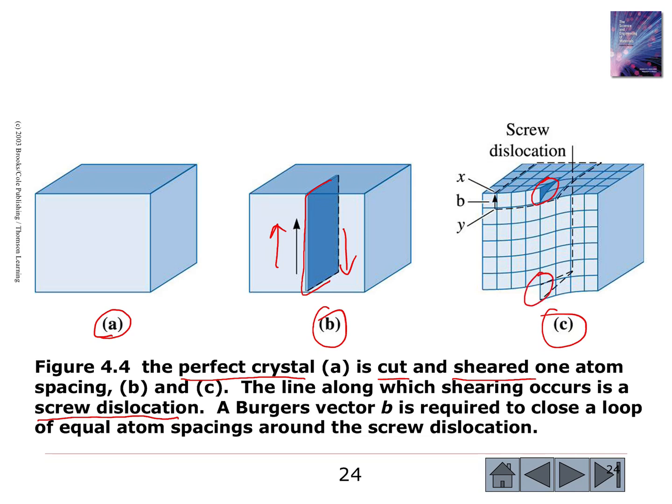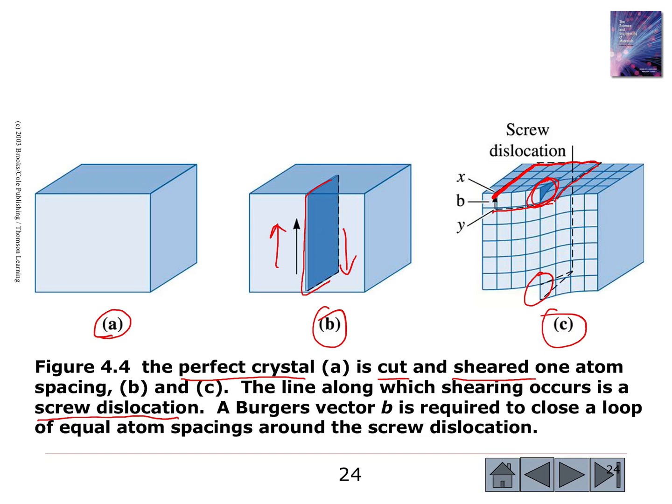And if you try to close this deformation or this ramp in a loop, for example, if we start from here and we go 1, 2, 3, 4 atom spacings in this direction, and then 4 atom spacings in this direction, and then we come back 4 atom spacings in this direction, and go in this direction by 4 atom spacings, what we are going to end up with is an open loop.